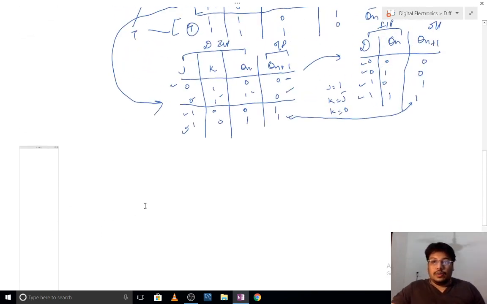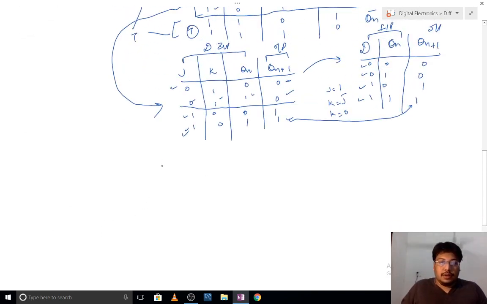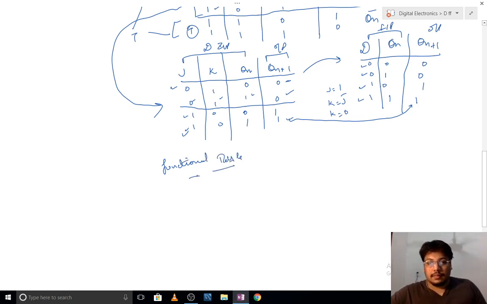Now what we will do is create a functional table out of this. By creating a functional table, let's say I have just D and Qn plus 1. It is just a compressed form of our truth table.